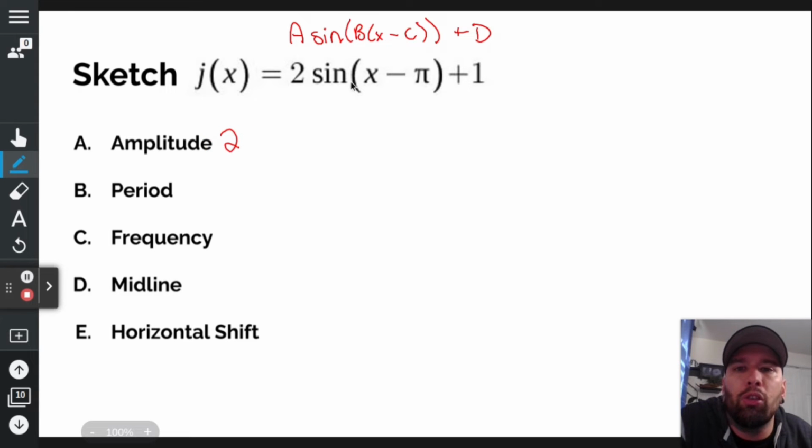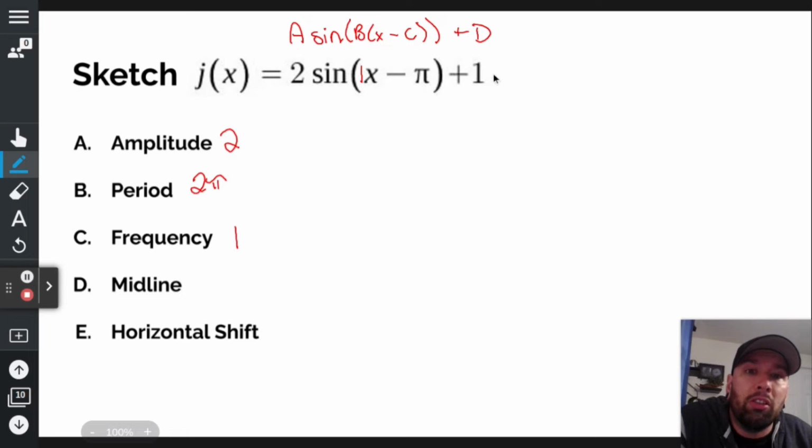A is 2. Now, I know I set it up like this, and some teachers do it differently. B in front of x implies that there's something in front of x, and there's nothing in front of x but an invisible 1. So the invisible 1 in front of x tells me that the frequency is 1, but the period is 2 pi.